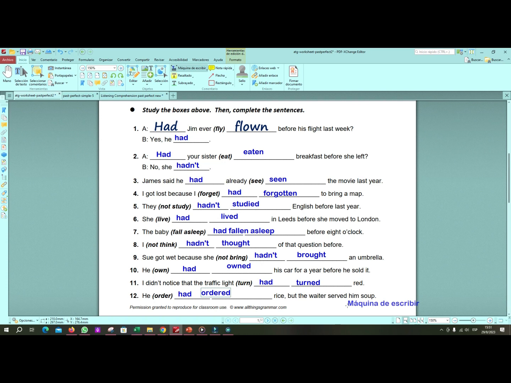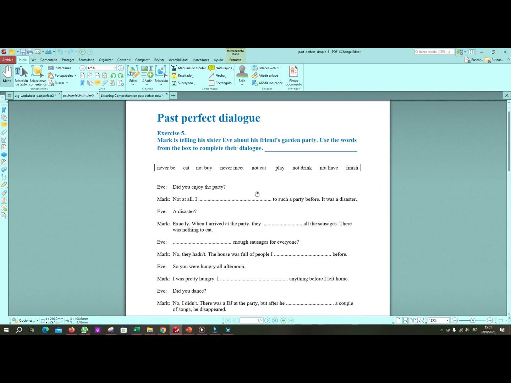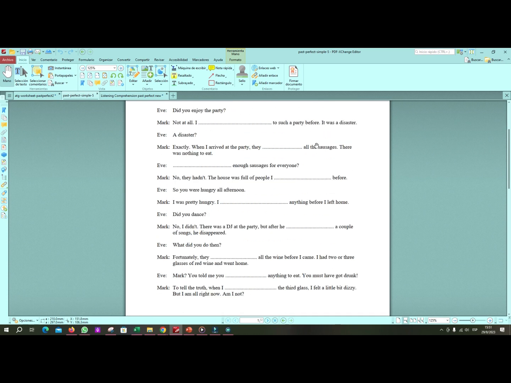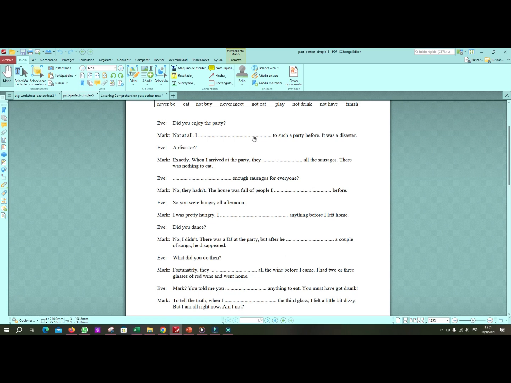So, let's continue. Let's do another exercise about that. Here you have this. It says, Mark is telling his sister Eve about his friend's garden party. Use the words from the box to complete their dialogue. Here you have a dialogue, right? So I want you to use these words in order to complete those sentences.